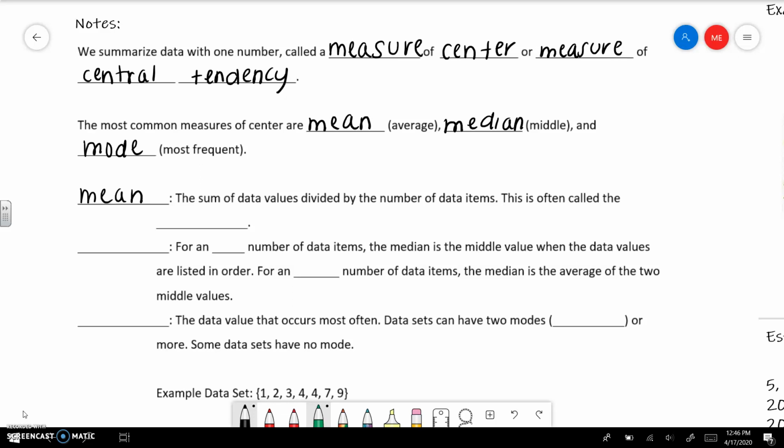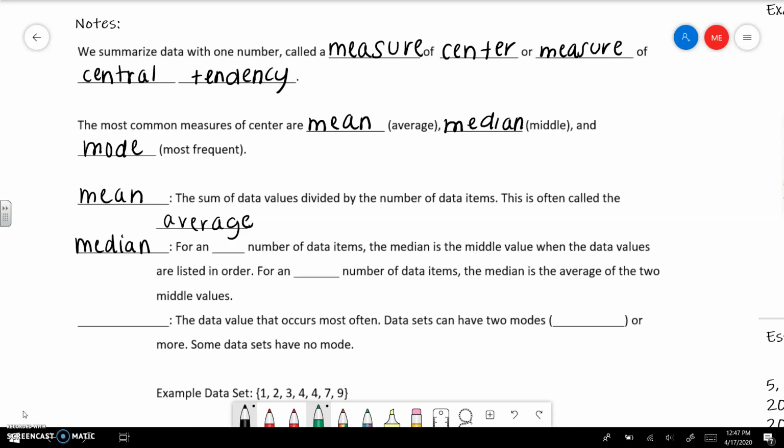your mean is the sum of data values divided by the number of data items, and this is often called the average. The median is calculated differently depending on if there is an odd number of data items or even number of data items.